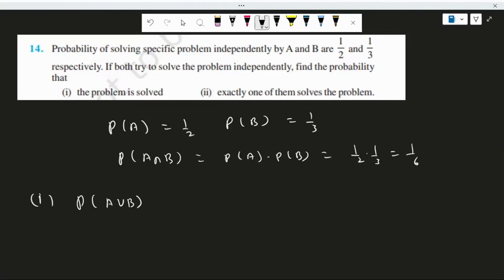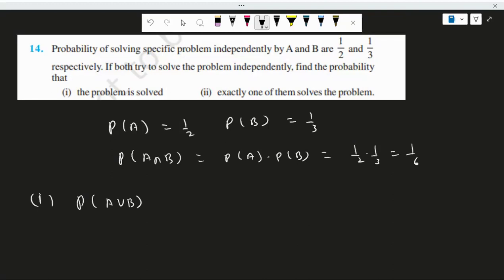That is the case. A and B solve independently. Suppose David and John start solving a problem. They solve independently. They do not take help of each other. So it might be possible that David will solve the problem, it is also possible that John will solve the problem, and it's possible that both of them solve the problem.